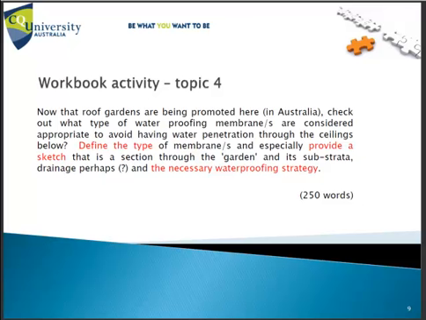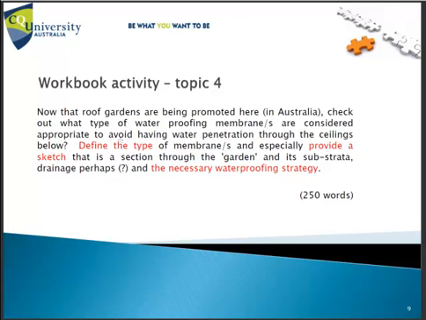The workbook activity of this week is to find building membranes that are designed for roof gardens. Roof gardens are more and more popular, in Australia and in other parts of the world. So you need to find the type of membranes that can be used to avoid water penetration.